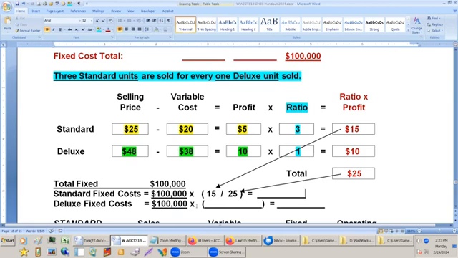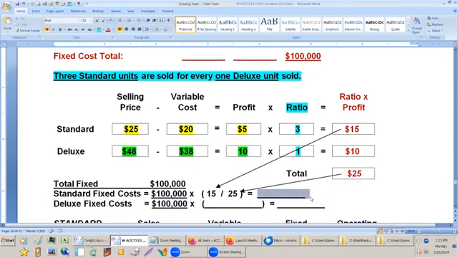I think I was doing the calculation. That's what I was doing. So 100,000 times 15 divided by 25 is 60,000.